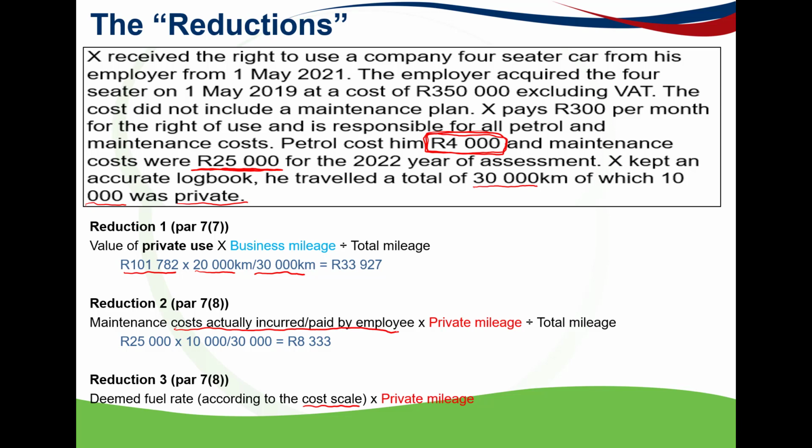Right, so the actual cost in this case, that 4,000 over here, plays no role in the reductions that are available for purposes of determining the cash equivalent. So you don't look at the actual cost that is incurred by the employee, but you look at the deemed fuel rate according to the cost scale.